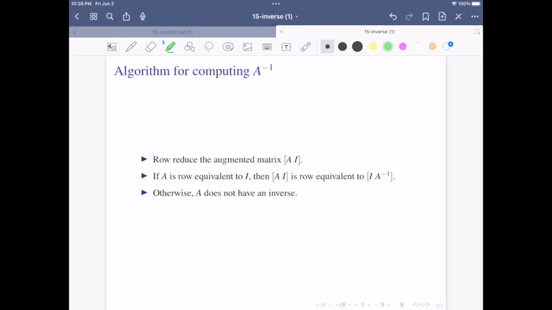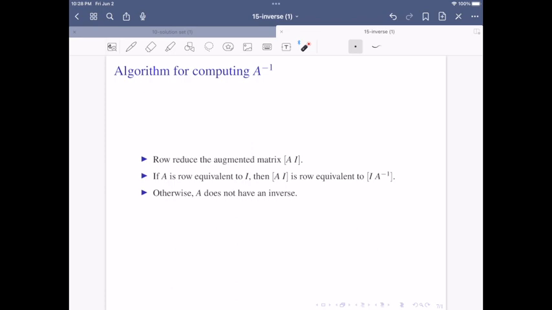Now next, we're going to look at the most important part of this lecture, how to compute A inverse. So there are 3 steps.